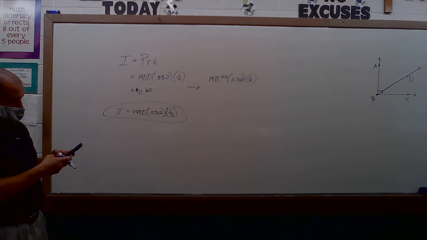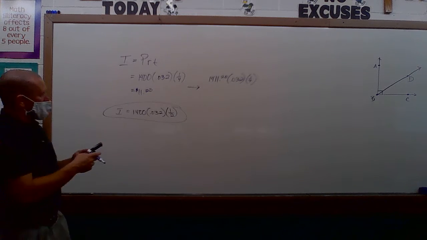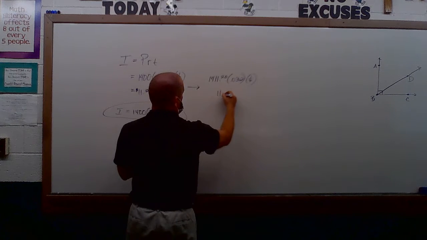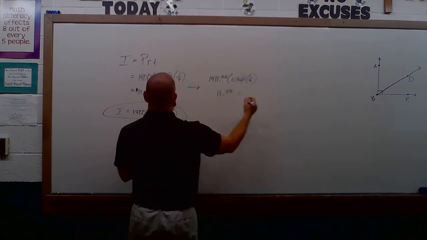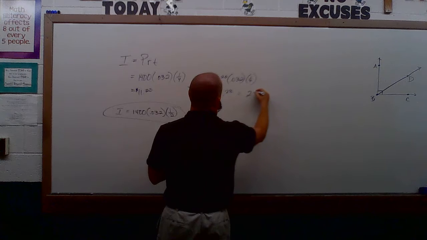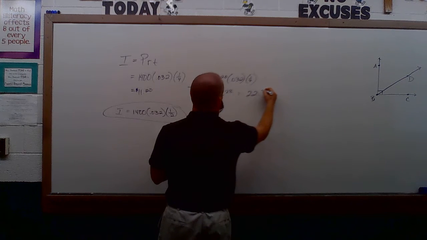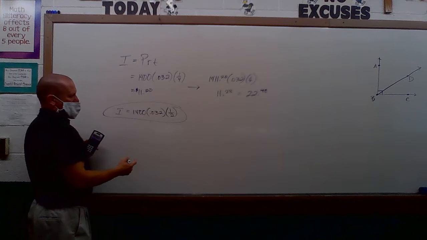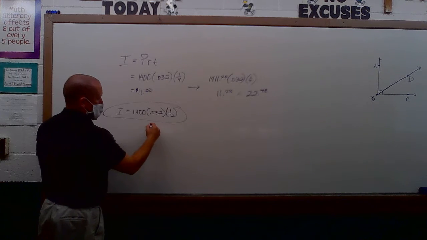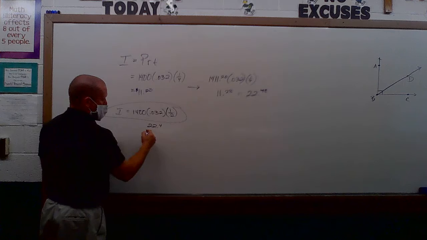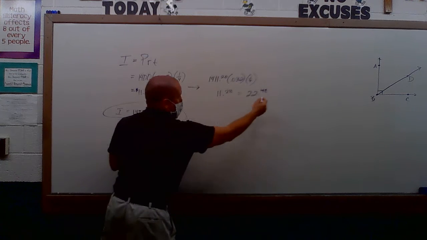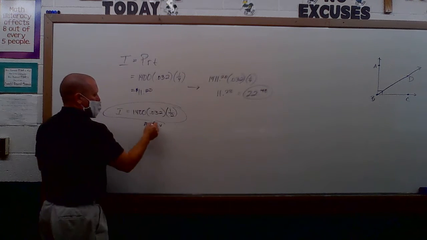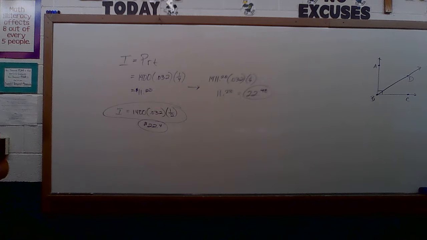Yeah, because it's compounded quarterly. So my answer for this one would have been 11.2248 for the first quarter, and this was 22.4. So you see the difference if you did it individually compared to if you did it all 6 months.